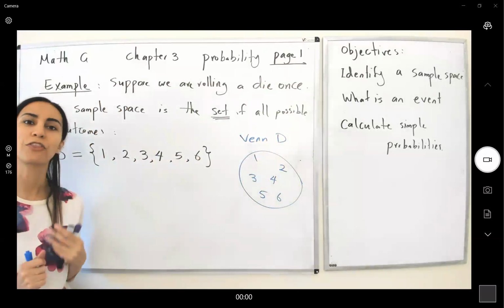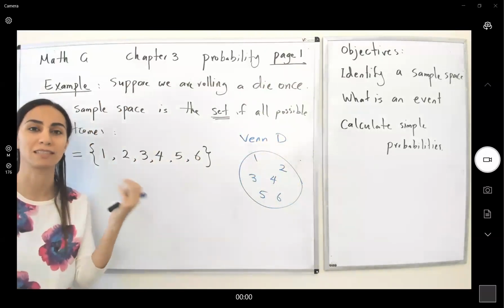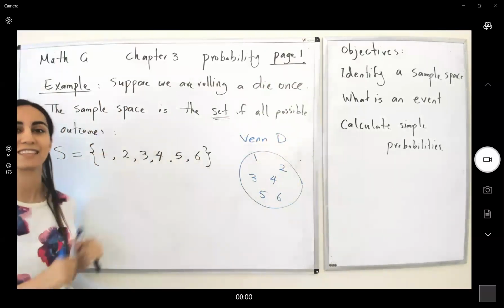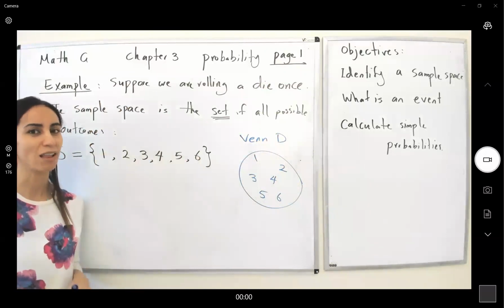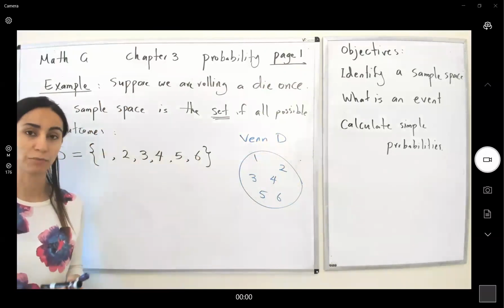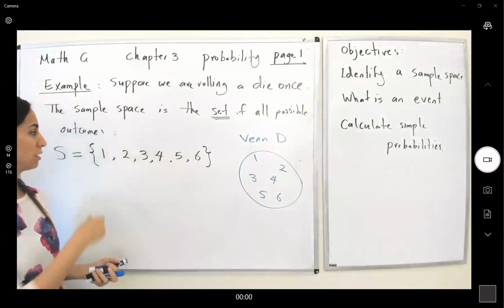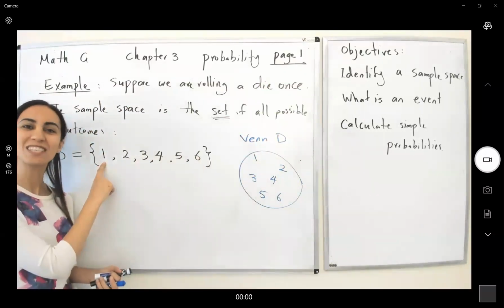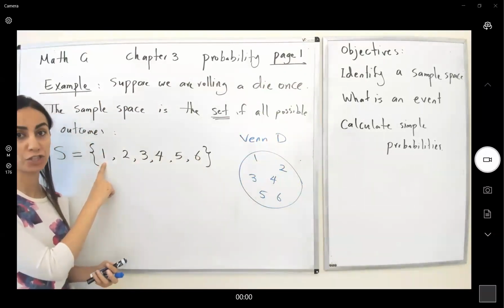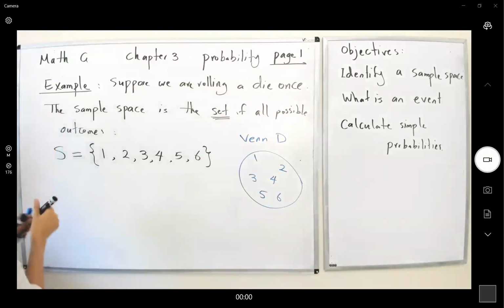Now I want you to think about some of the subsets of this set. Well, these subsets can be just 1-digit values, subsets.